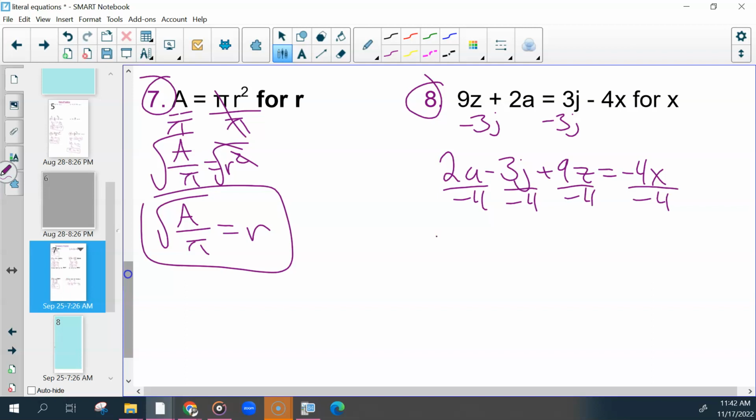So this would become -1a over 2 or -a over 2, either or -1/2a, however you want to write that, plus 3j over 4 or 3/4 j, either or, does not matter, minus 9z over 4 or 9/4 z equals x.